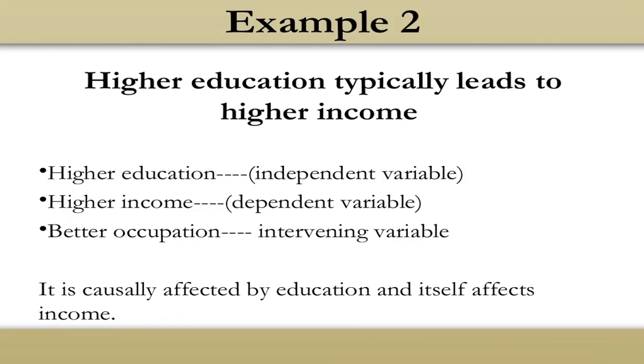Look at an example. Higher education typically leads to higher income. Higher education is the independent variable, higher income is the dependent variable, and better occupation may be called the intervening variable.